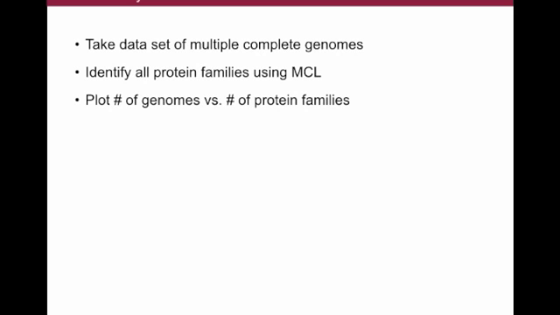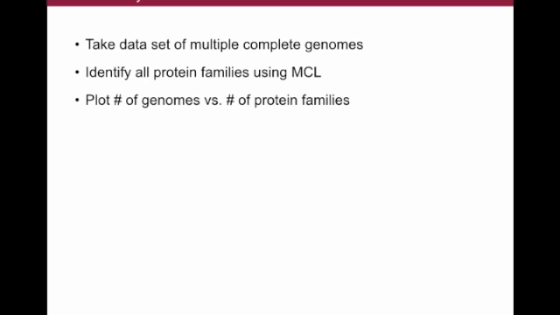So let's say you do just the close relatives of this one cyanobacteria, and you do 10 genomes, and you do a rarefaction curve for the number of genomes versus the number of protein families. And you can plot a rate of recovery of new protein families per genome.